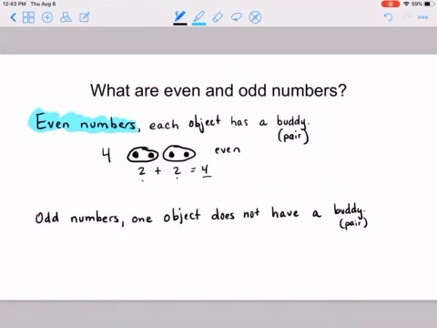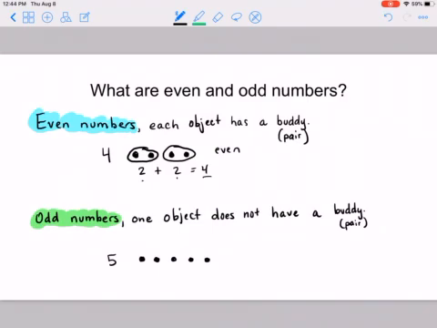Let's look at odd numbers. In odd numbers, we have one object that does not have a buddy, or it doesn't make a pair. So let's look at the number 5. So I'm going to make 5 dots. 1, 2, 3, 4, 5.